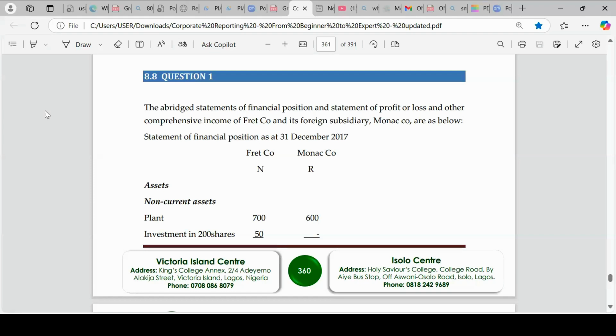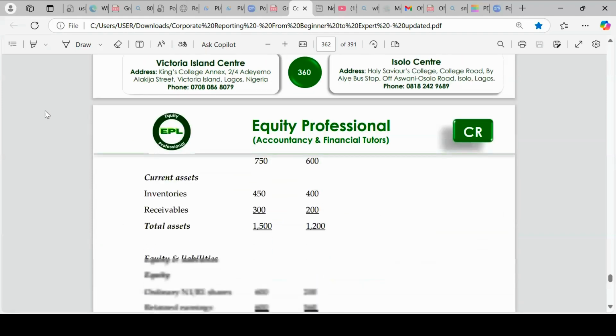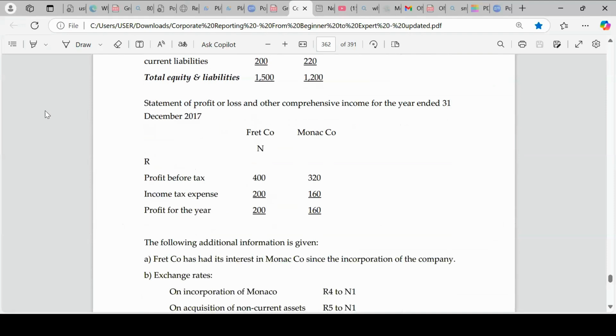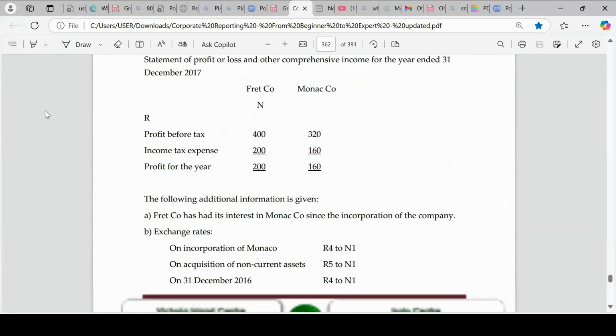Statement of financial position as of 31st December 2017. Then we're given the non-current asset values, the current assets, equities, and liabilities. We have the statement of profit or loss and OCI for the year ended 31st December 2017, given down here. And they gave additional information.